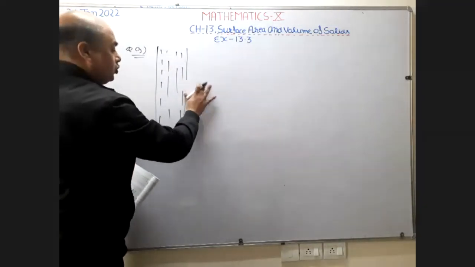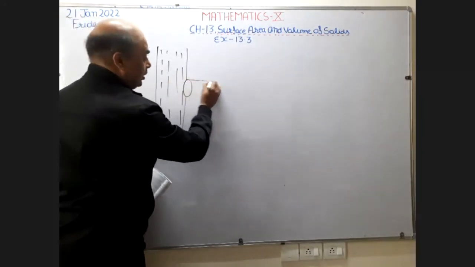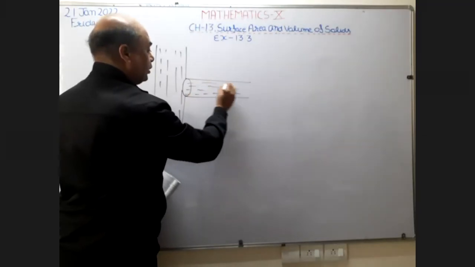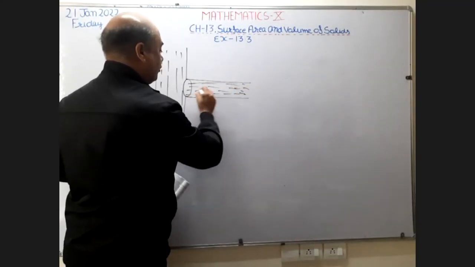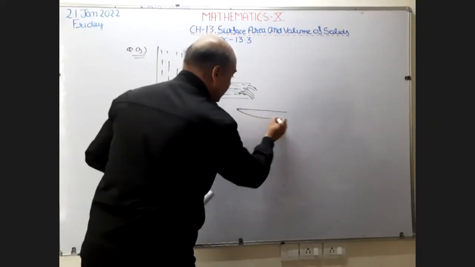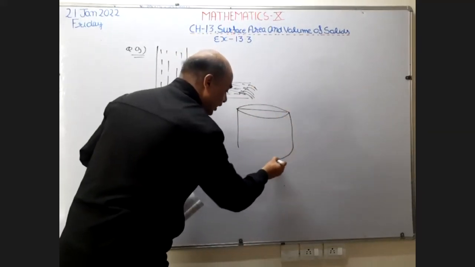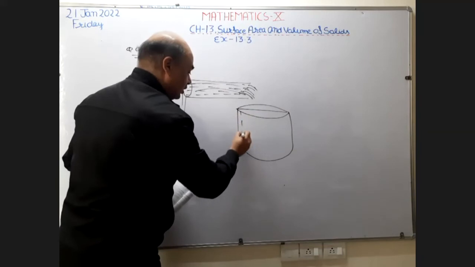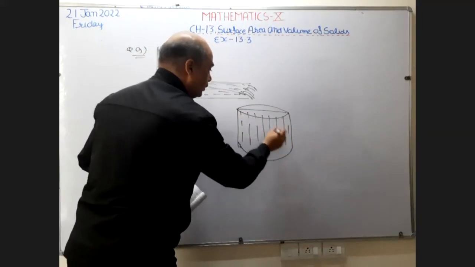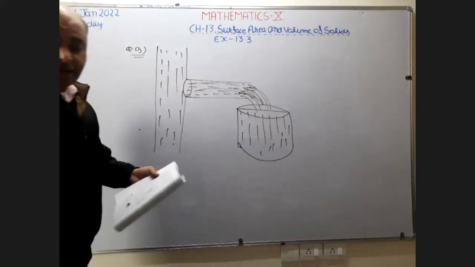You take one pipe and connect this pipe to the canal, and water starts moving from the canal towards this pipe. Now when water starts moving from this pipe, you put one large tank under this pipe so that the water is held in the cylindrical tank. So this is the figure of this question.